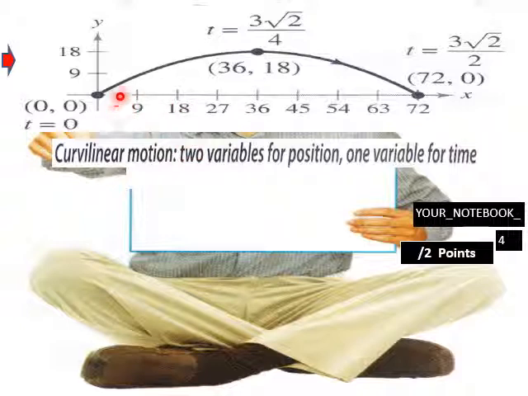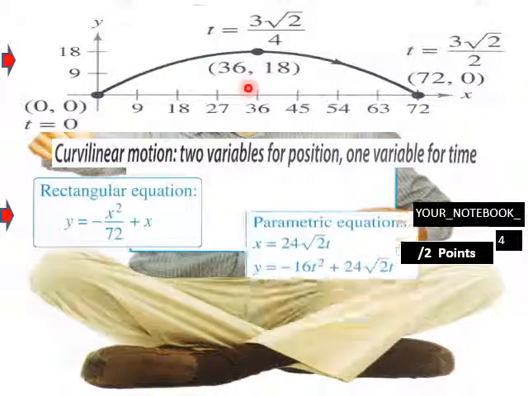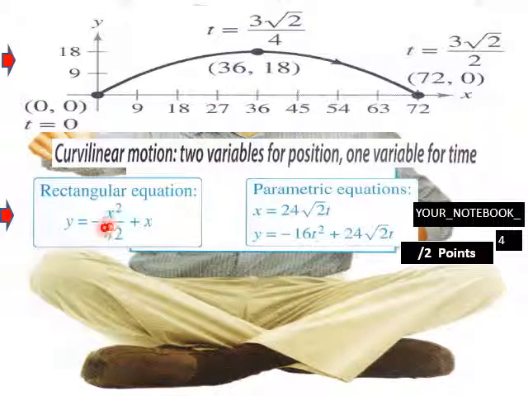So curvilinear motion: 2 variables for position, 1 variable for time. That would be an example of curvilinear motion. And then a rectangular equation will be this, and a parametric would be where you have a third variable that determines where the curve will be at a certain time, for example.